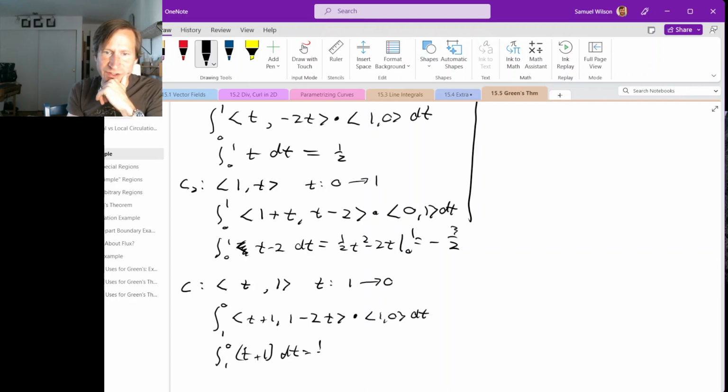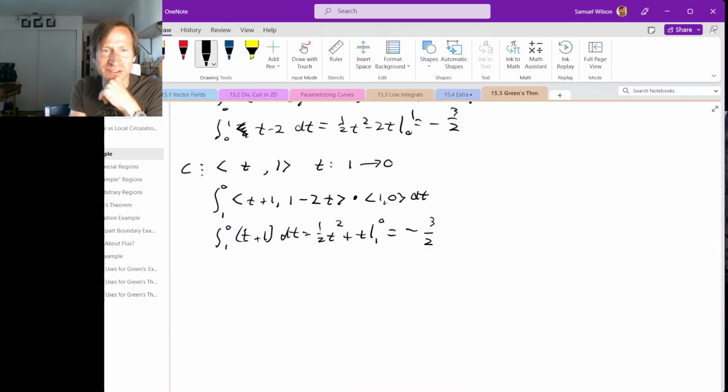This is going to give us 1/2 t squared plus t from 1 to 0. That gives us 0 when we plug in the top bound. When we plug in the bottom bound, we get 3/2. But remember, that picks up a negative because we're plugging in the bottom bound. So minus 3/2. Okay, that was C3.